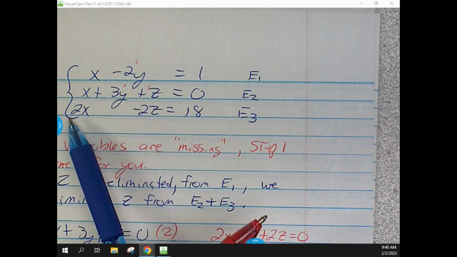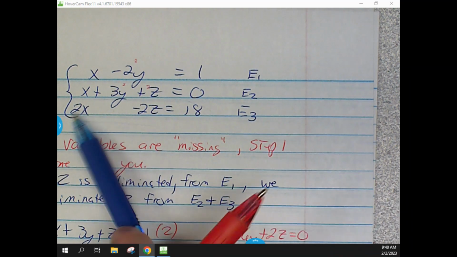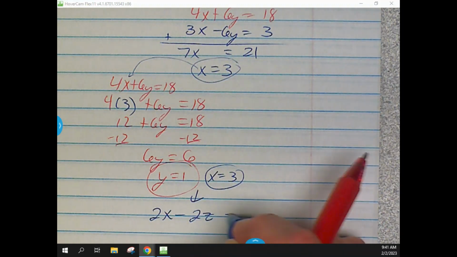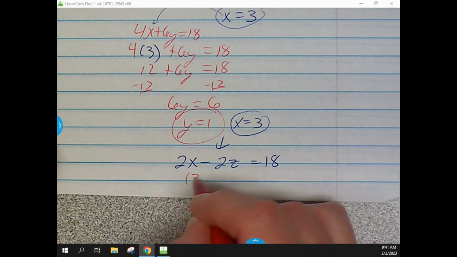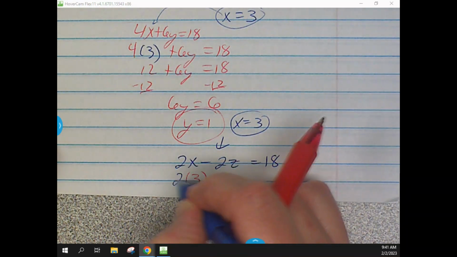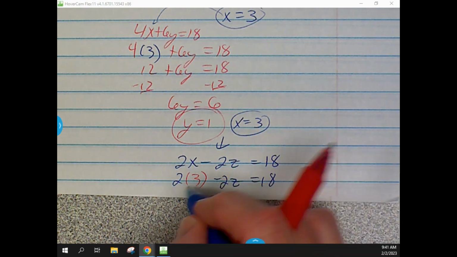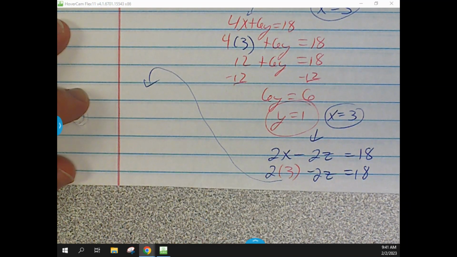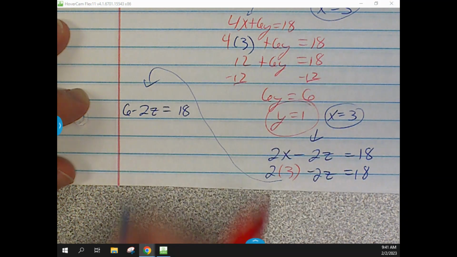Since this one only has x and z, this one's actually pretty easy to plug back in here. And again, you can pick either one of the two and it would work. But I'm going to go back to 2x minus 2z equals 18, because for that one, we just need that x equals 3 to go here. So that's 2 times 3 minus 2z equals 18. So it's 6 minus 2z equals 18.